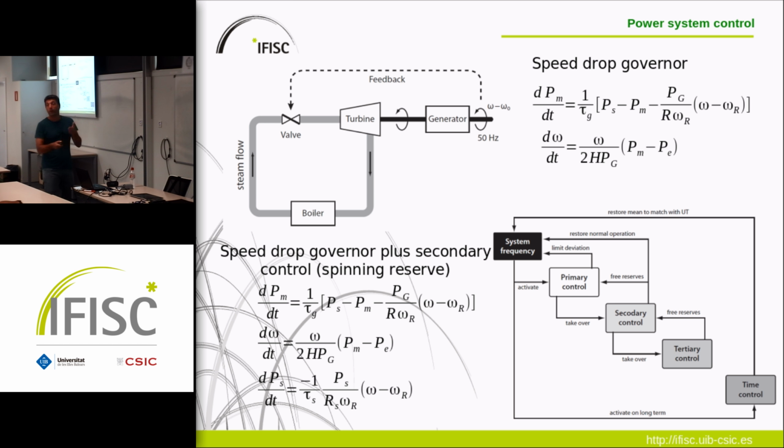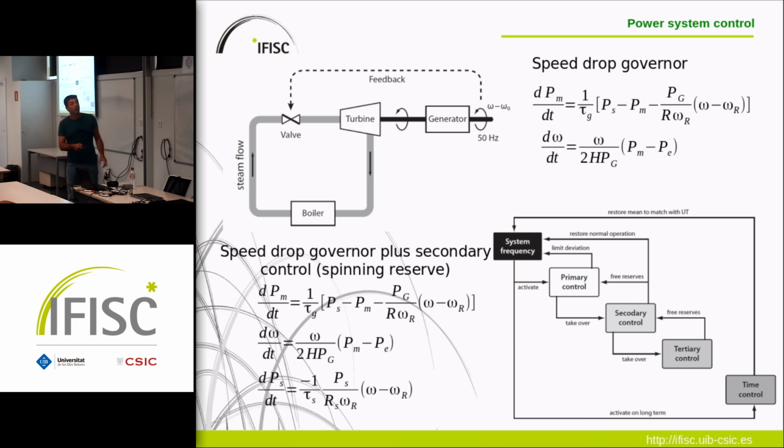So the mechanical power has to increase. Essentially the power plant, if the frequency goes down, automatically accelerates and gives more mechanical power to compensate for that. What the speed governor does first is that if the frequency goes down, it stops it from going down. That's why it's called drop governor.